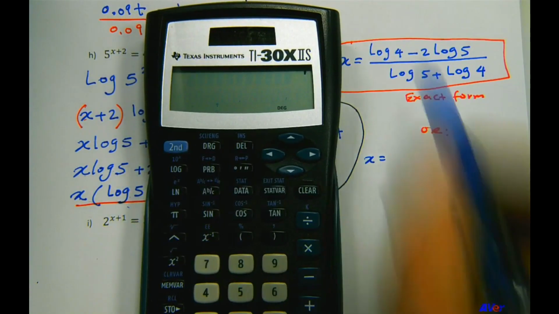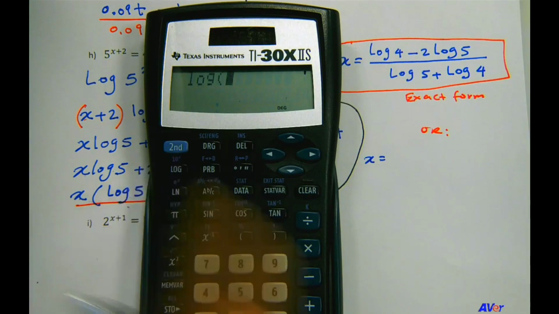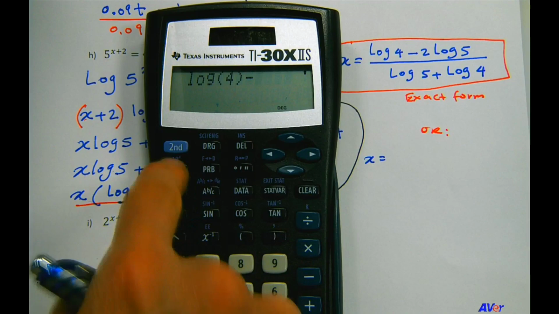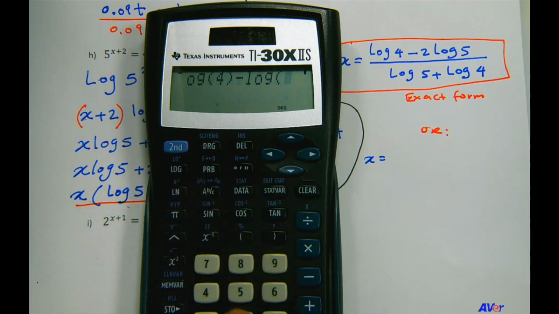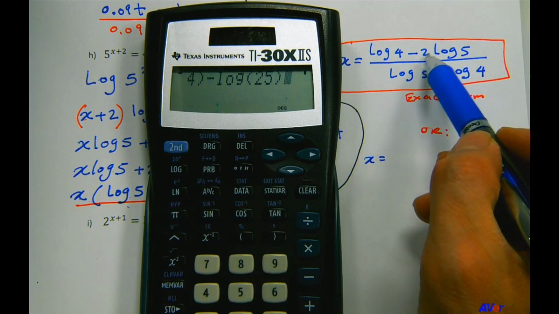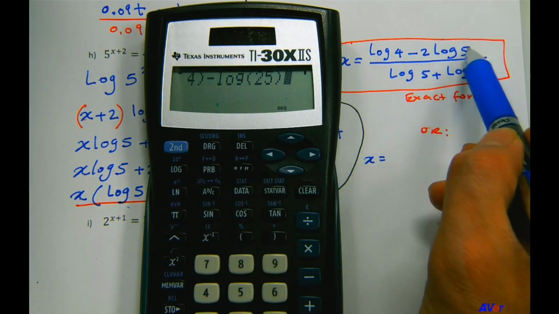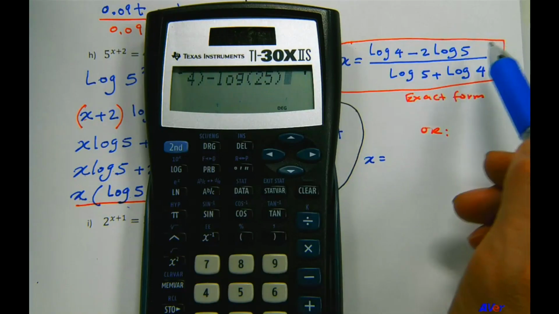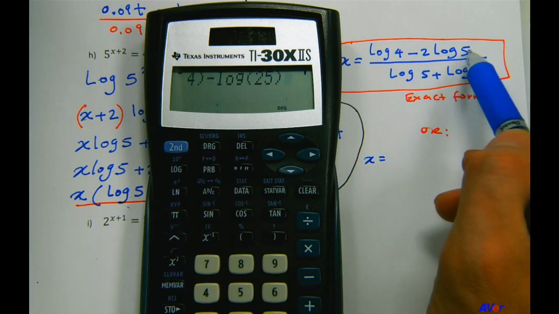So let's see, log of 4 minus log of 25. And 25, by the properties that we have, you can put this 2 as a power of this, so that becomes minus log of 5 squared. Or you can calculate log of 5 and multiply it by 2.